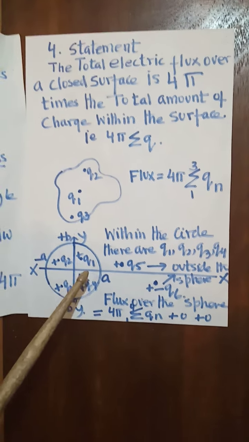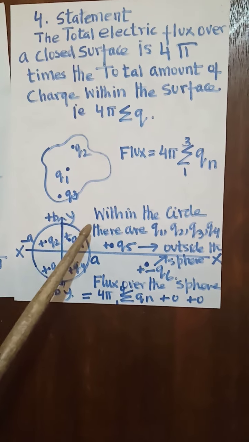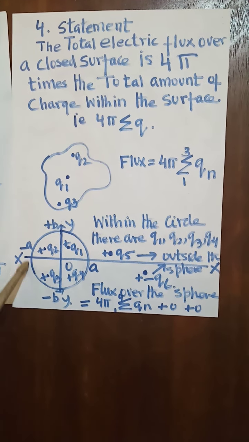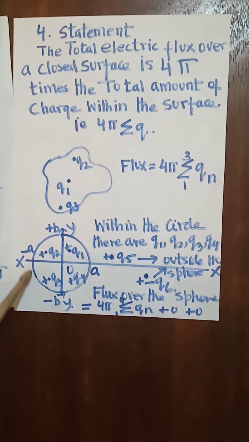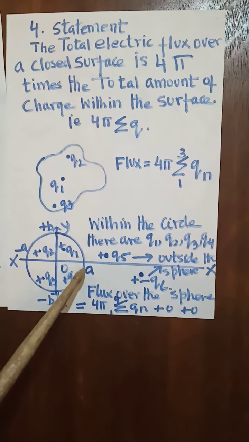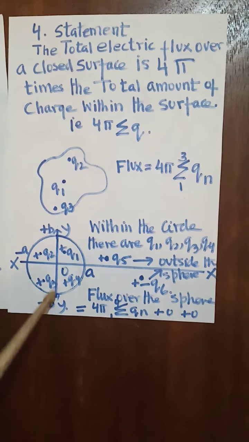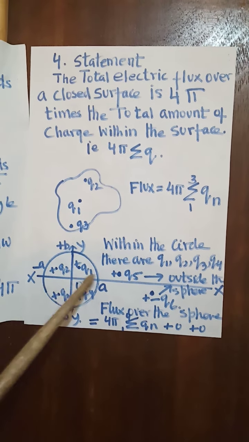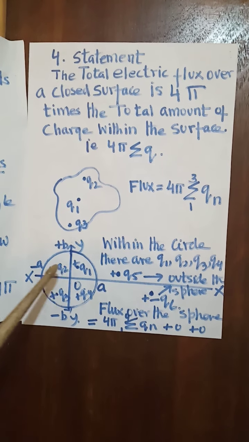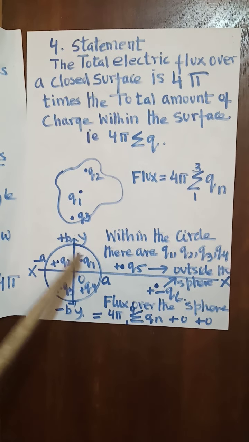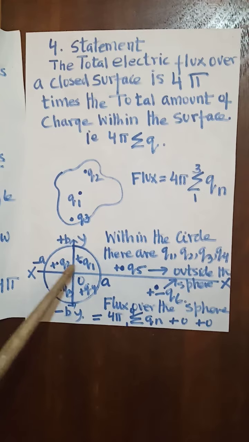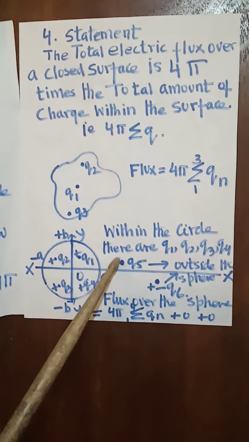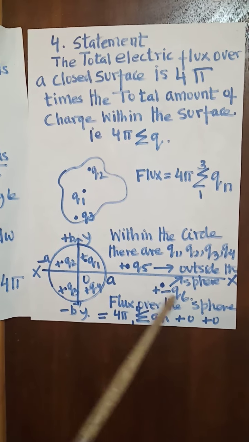And now, one example in IIT problems they used to give, very simple. What is the flux coming out of this sphere? The sphere is bounded by a on X, a on Y, a on Z. In that sphere there are Q1, Q2, Q3, Q4, plus. And then outside that, there is Q5 here, minus Q6 here.